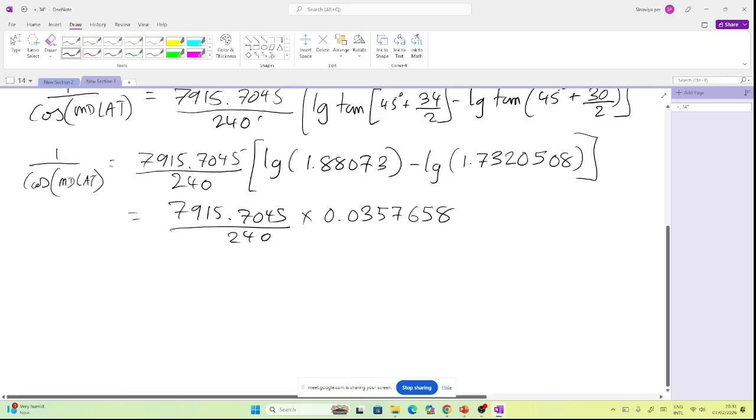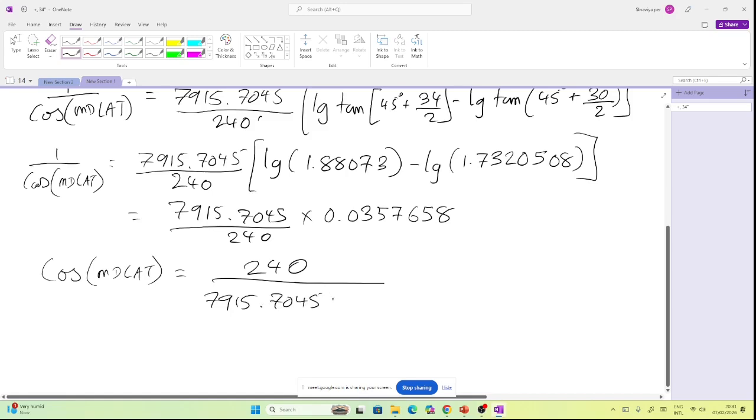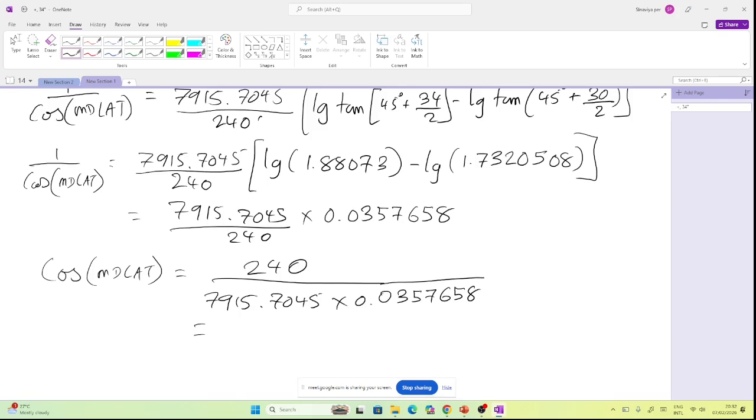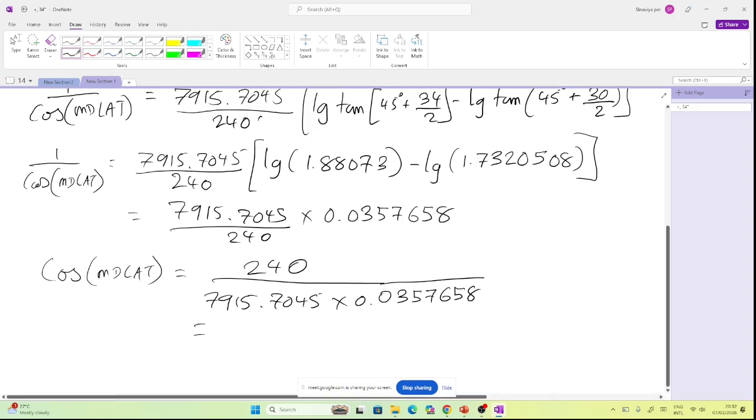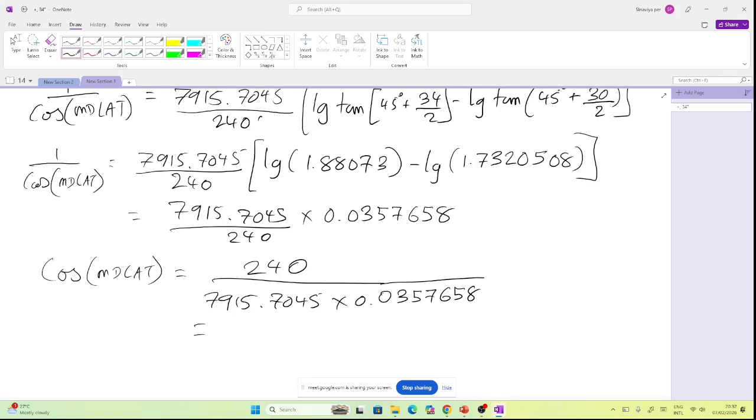So I will change the side so it will become cos MD lat, which equals 240 divided by 79157005 into 0.0357658. Just check whether I have done any arithmetic mistakes, which I normally do almost all the time. 7915, 7005.